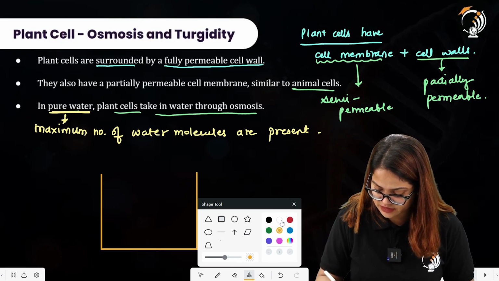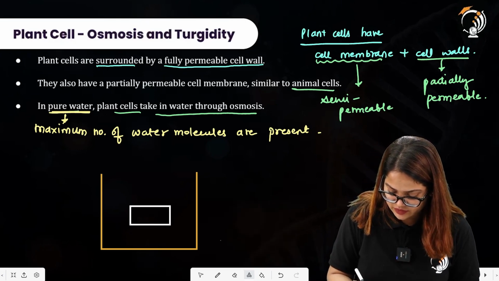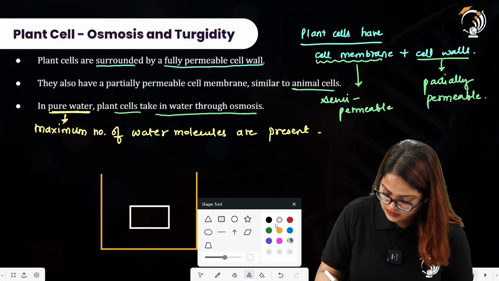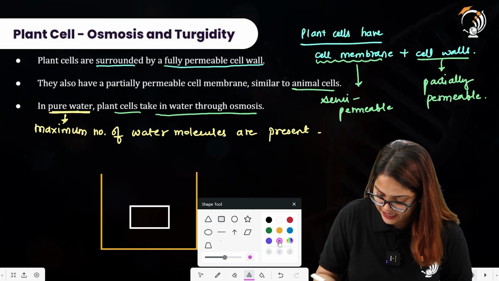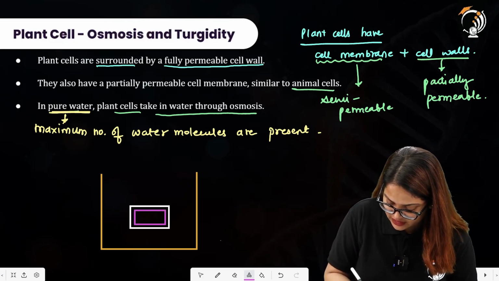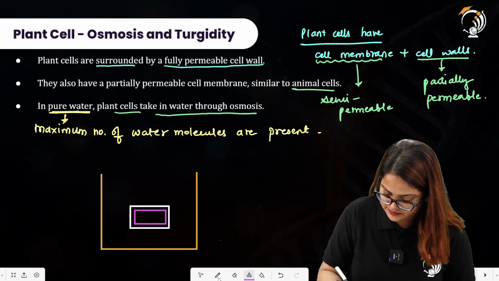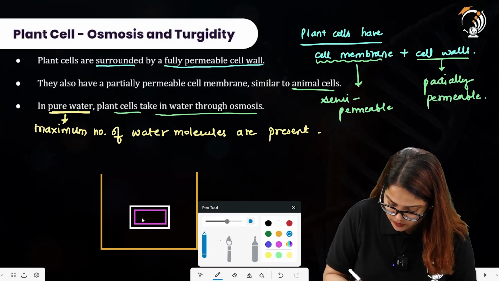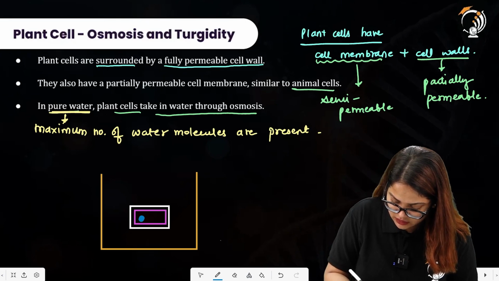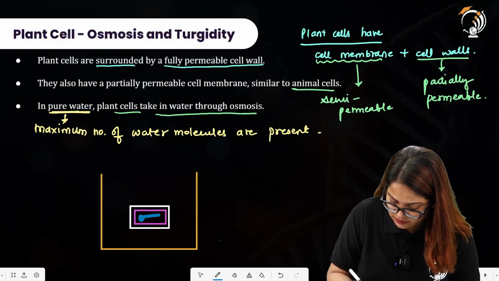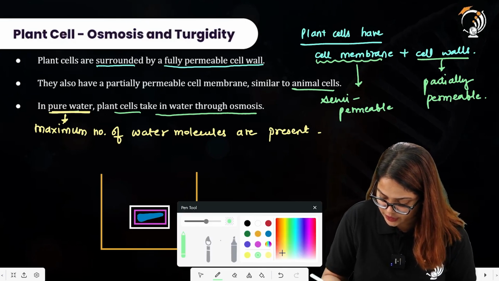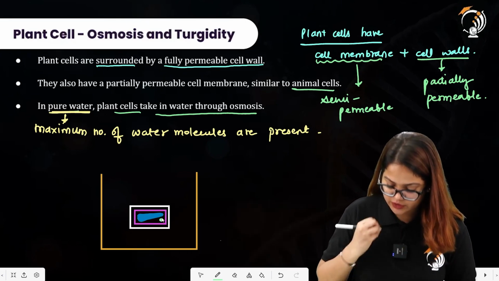Let us assume that this is the plant cell. Alright, so we have the plant cell over here, showing the cell wall here, and inner to it we have the cell membrane. Alright, then we have the vacuole over this region. This is the vacuole representation here, and it also has a nucleus. So we have the nucleus over here.